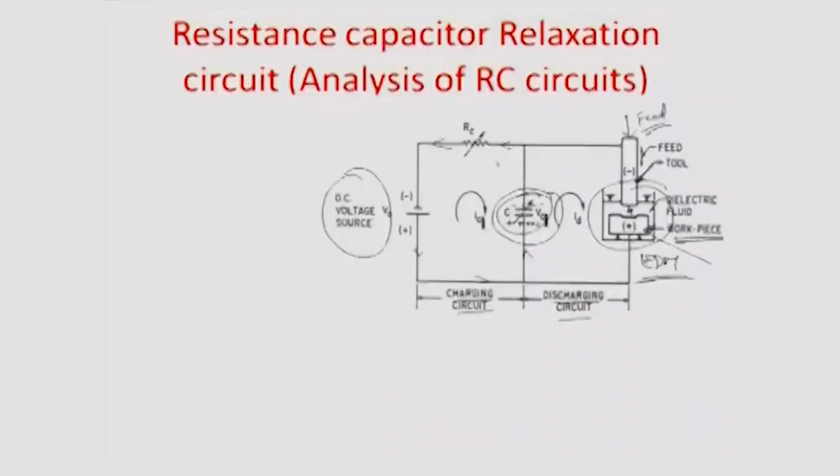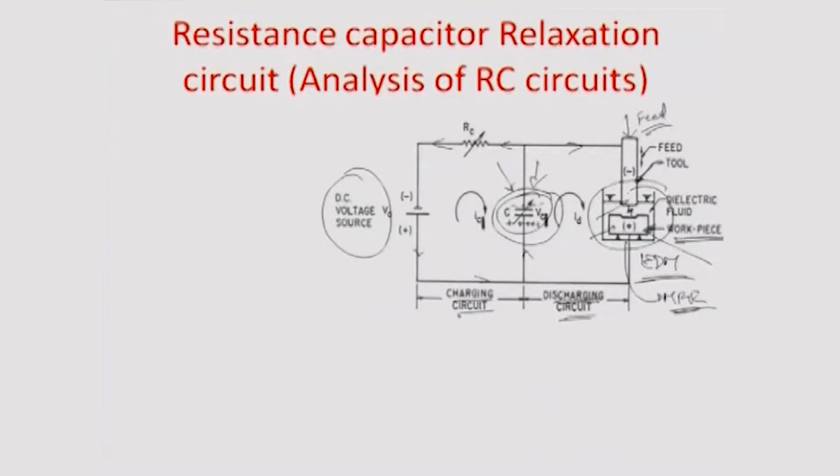As the tool is moving slowly towards the workpiece and dV by dx is increasing, the electric field is increasing, there would be a point of time when whatever charge has been stored in the capacitor in this circuit should get discharged, because there is a spark formed by breakdown of the medium between the tool and the workpiece. All this charge should be discharged through the EDM, and that would cause the material removal to happen, and therefore, this part is called the discharging part of the circuit.